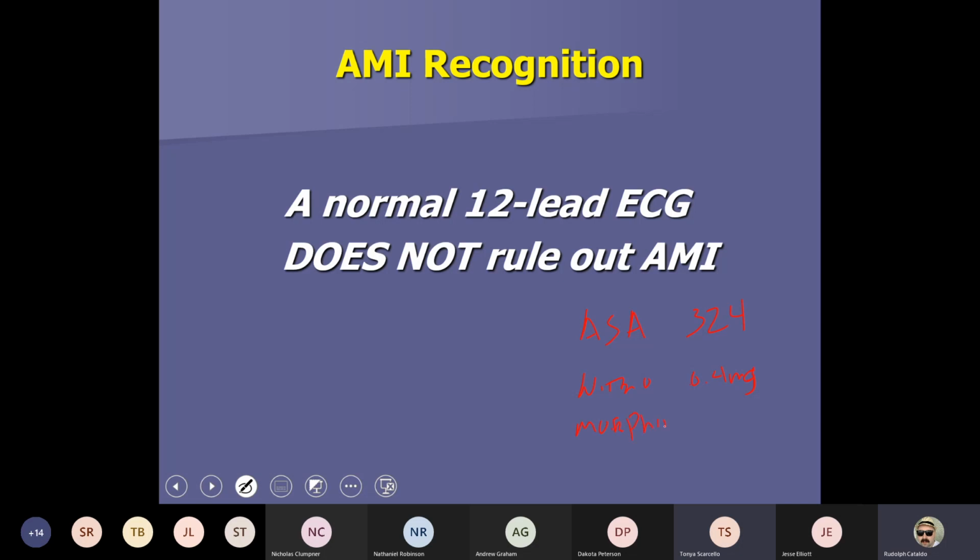But again, what's a concern with morphine and blood pressure? It'll drop your blood pressure. Could potentially drop blood pressure. Dose for morphine for chest pain, I'd say 1 to 2 milligrams. Okay. What about fentanyl? Can we give fentanyl for chest pain?